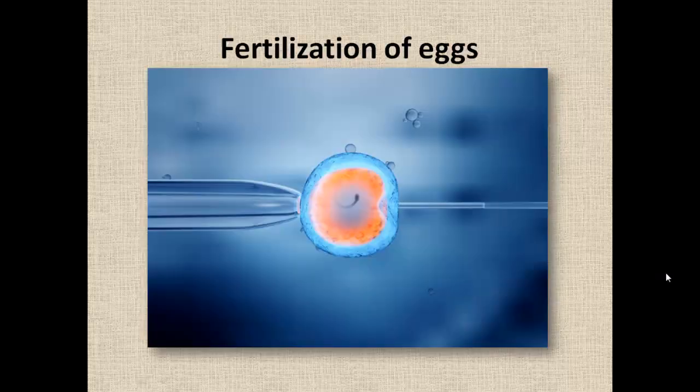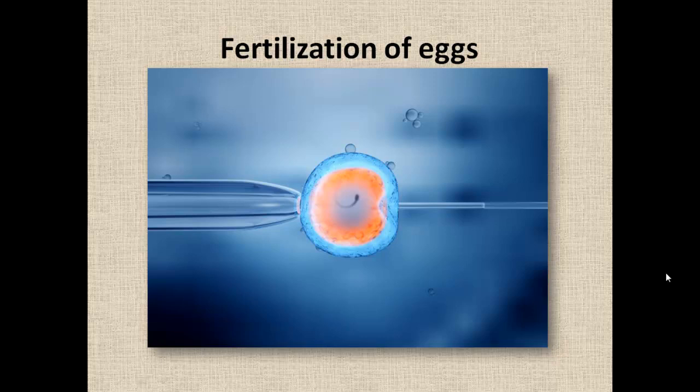And then fertilization of eggs. Once the best egg or follicle is chosen, the next step is to fertilize or inseminate it. Insemination is when the sperm is introduced into the egg. Then the combined results of both are put into a special room.